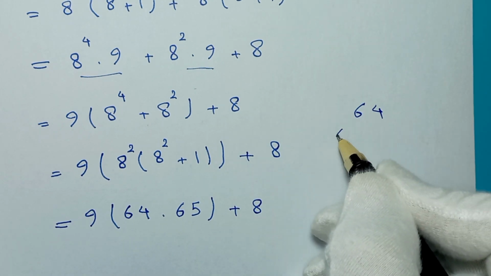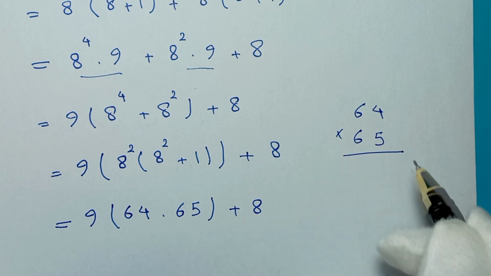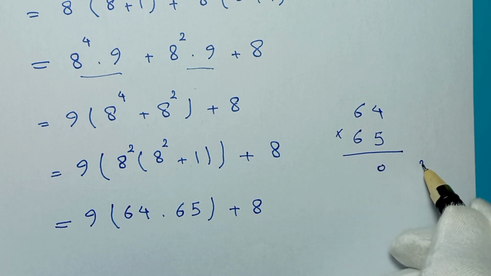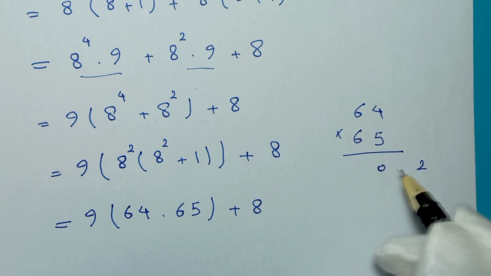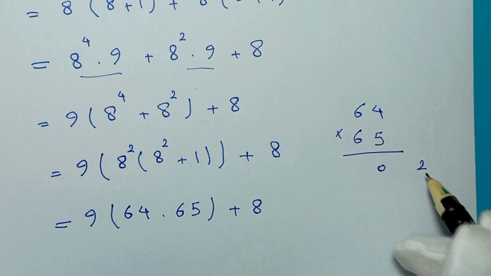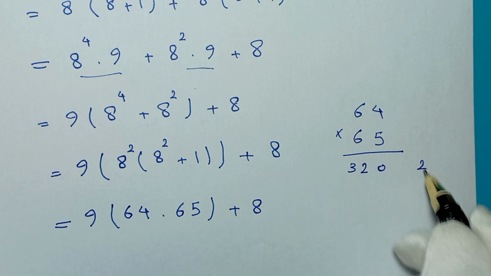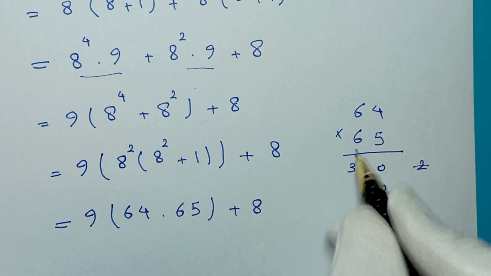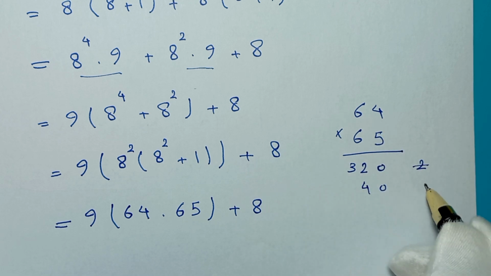So 64 times 65. 5 times 4 is 20. And 5 times 6 is 30. And 30 plus 2 is 32. And 6 times 4 is 24. Write 4 and 2 here.